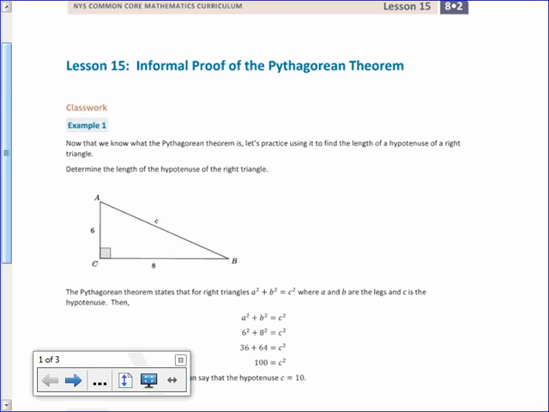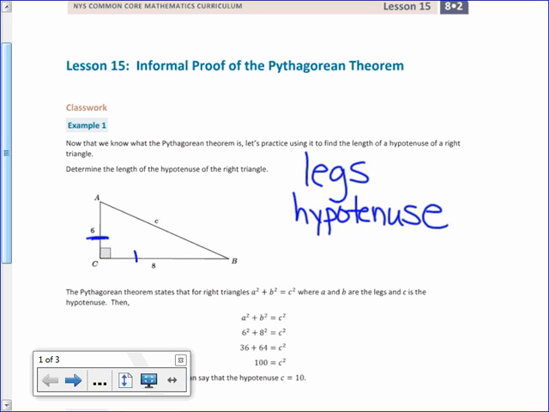Just as a review, we have two parts to the right triangle. We have the legs and we have the hypotenuse. Remember, the legs of the right triangle are the two sides that together form the right angle. So these would be our legs.